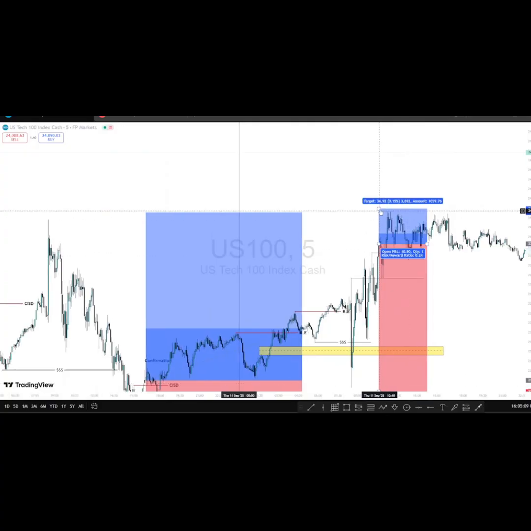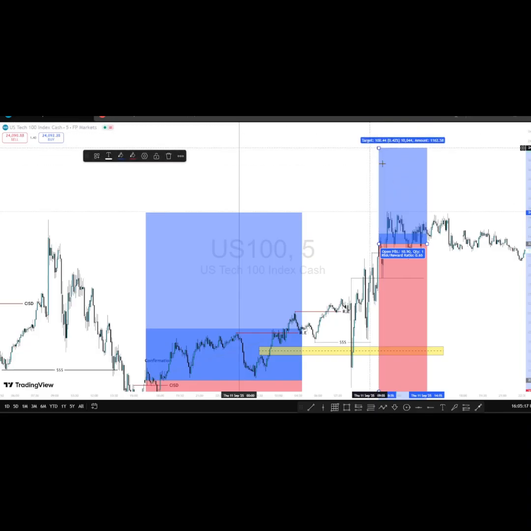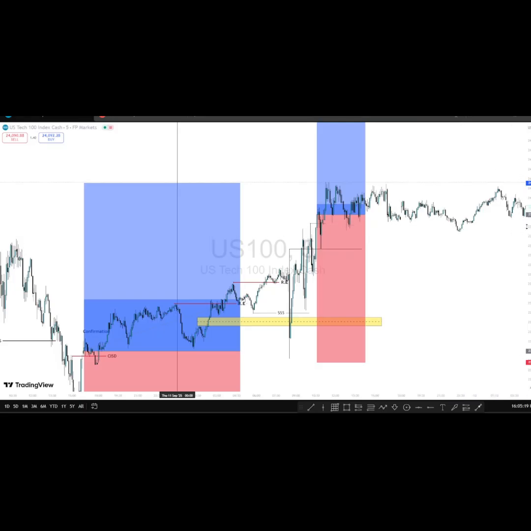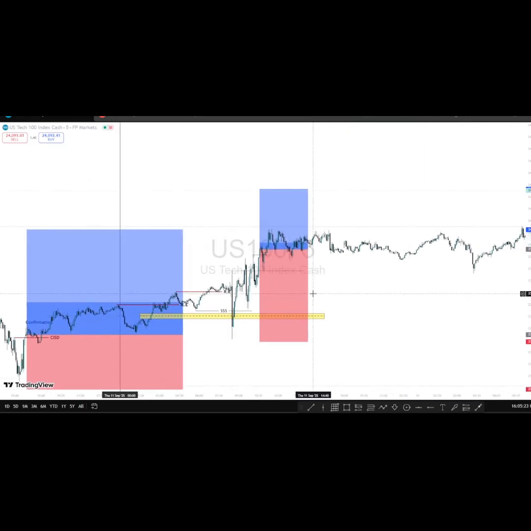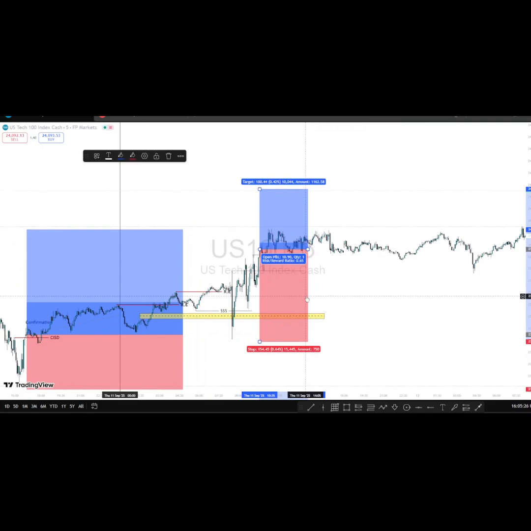Although it will be a bit thin, you could have targeted maybe 25,000, which is not a good trade. So I think I'll take that back.